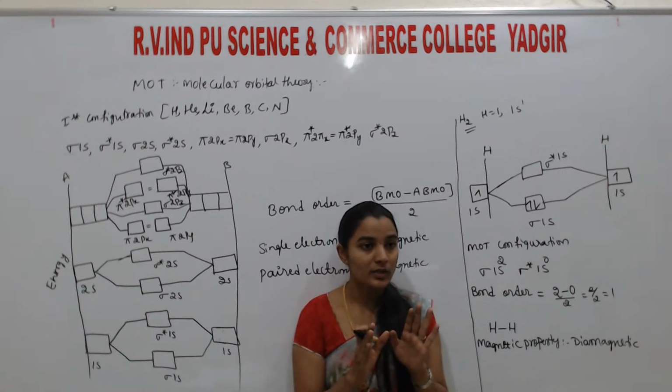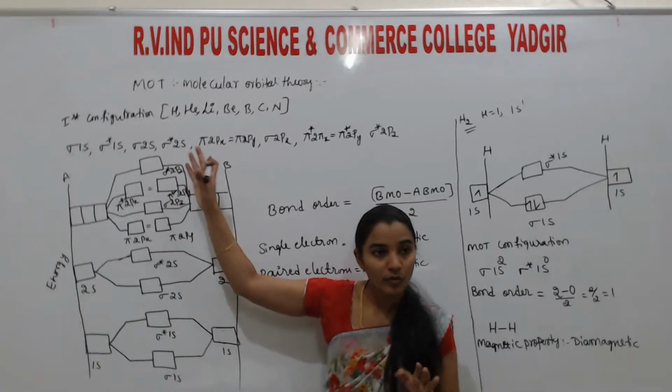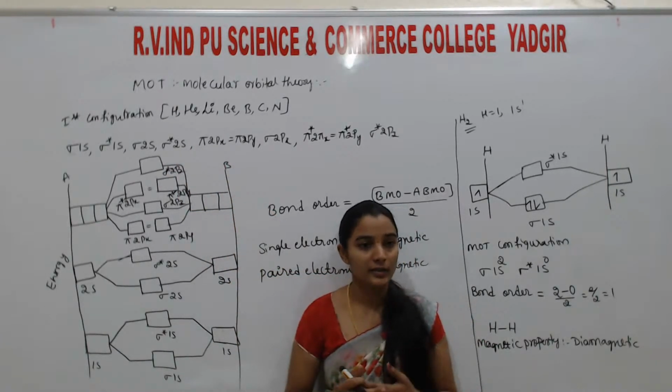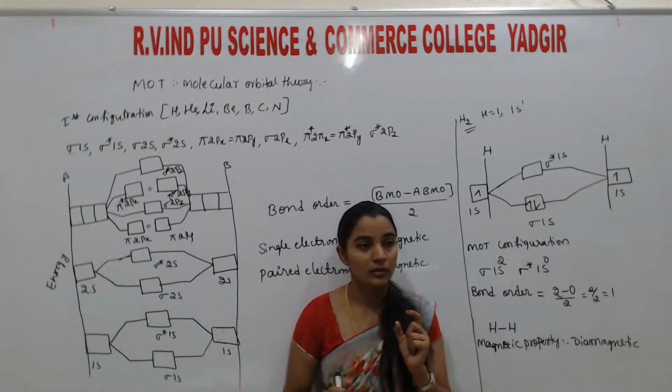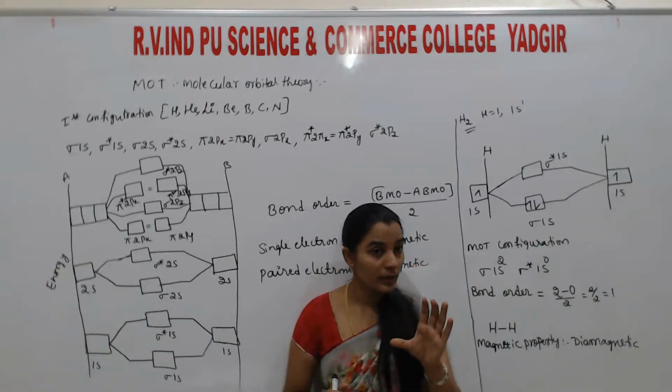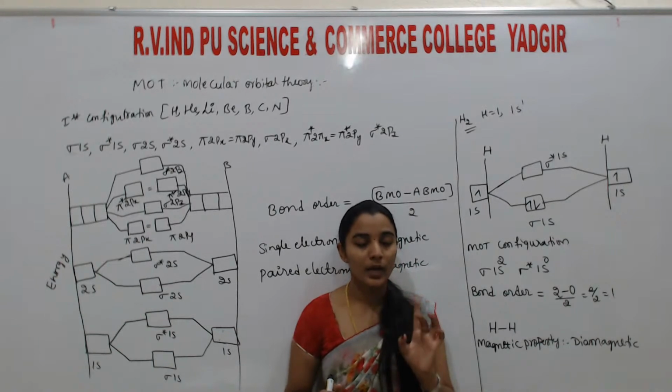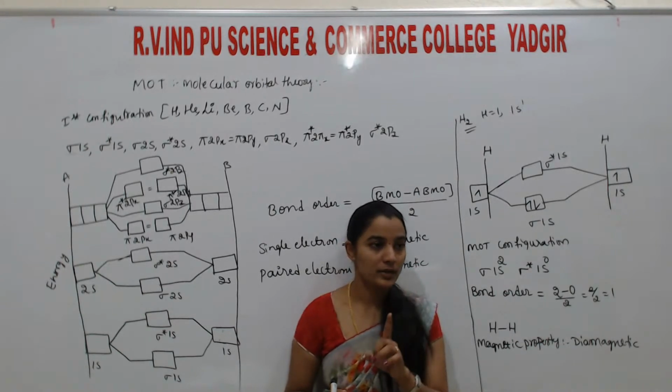For p orbitals we don't bother about 3, 4, 5. Those are the valence shell configurations. Later I will explain. We are considering mainly the valence p orbital and s orbital. If an s orbital is there, only sigma. If a p orbital is there, pi and sigma.